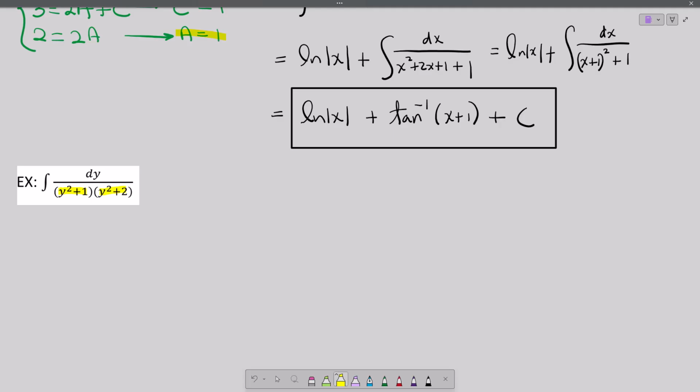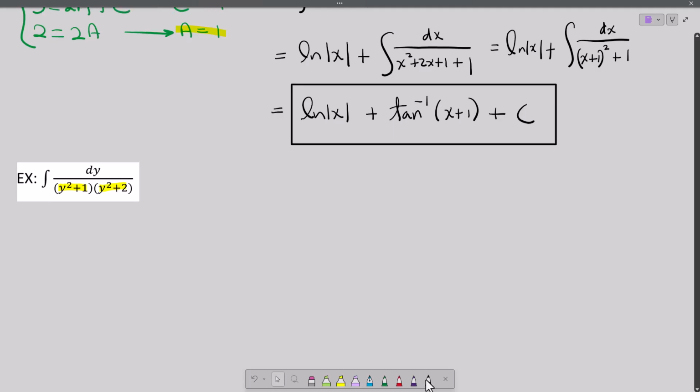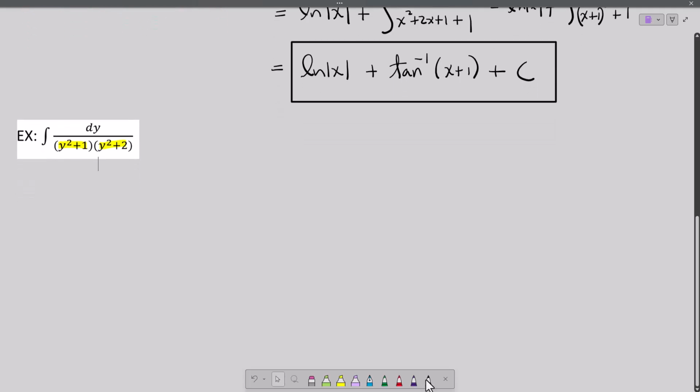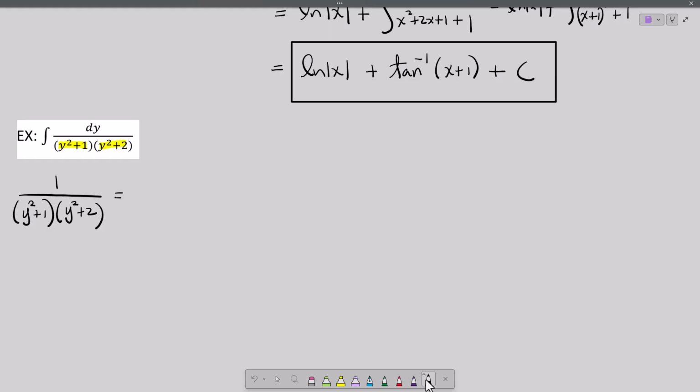So here, we are going to have this as our PFD. So y squared plus 1, irreducible. y squared plus 2, irreducible. So we're going to have each one of these denominators like that.